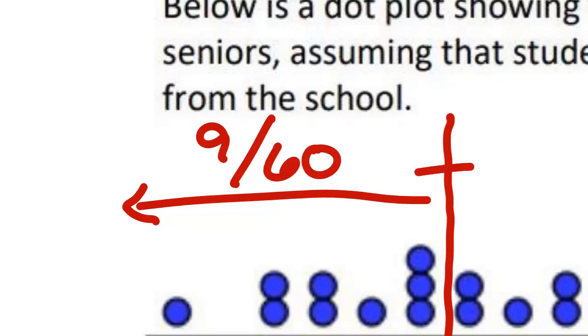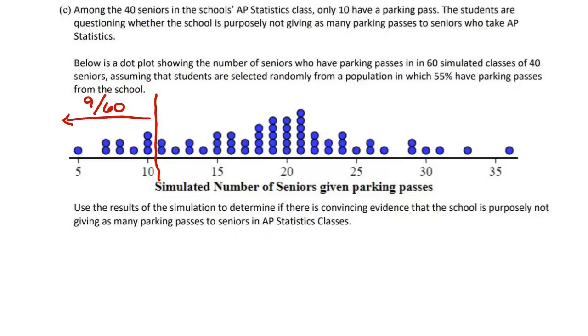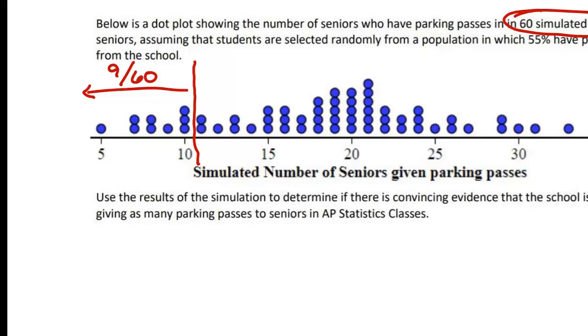So 9 out of 60. What is that as a percentage or as a decimal? What'd you say? 3 over 20. 3 over 20 would be what? I got 0.15.